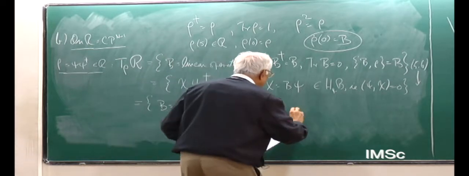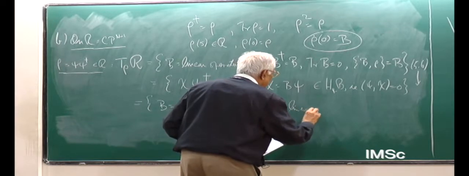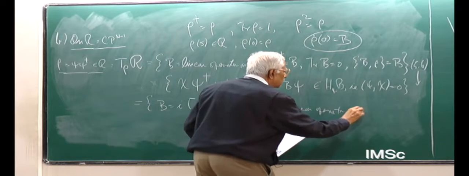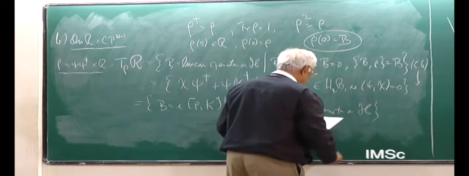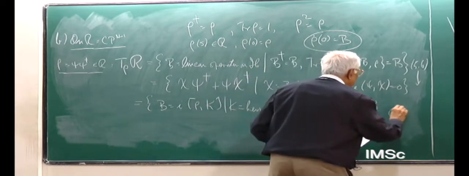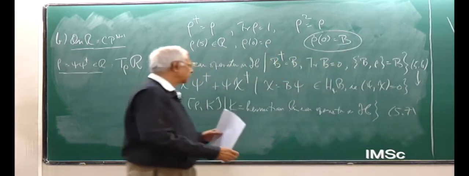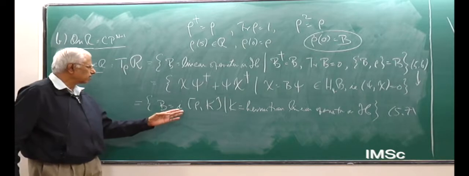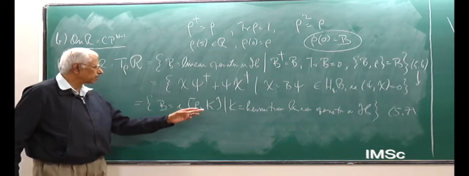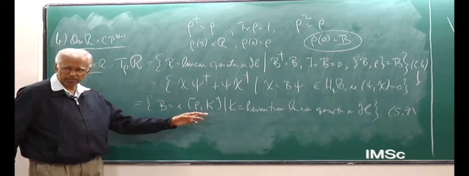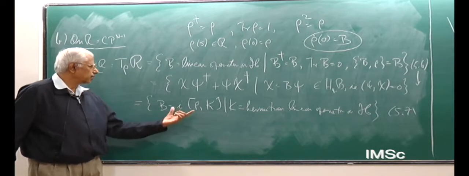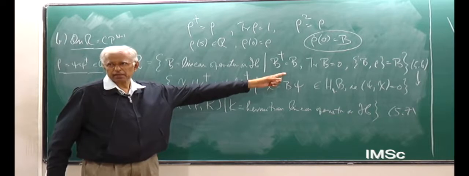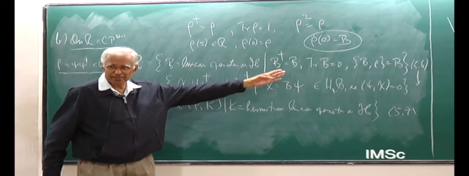I'm not going to use this anywhere, but it is nice for you to see how to show this. If you take i times commutators of rho with all Hermitian operators on Hilbert space, you will get results which obey all these conditions. At least 2 of them are very easy to see.